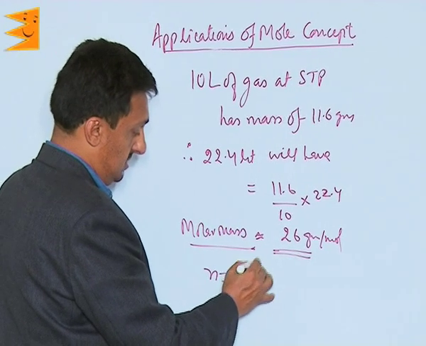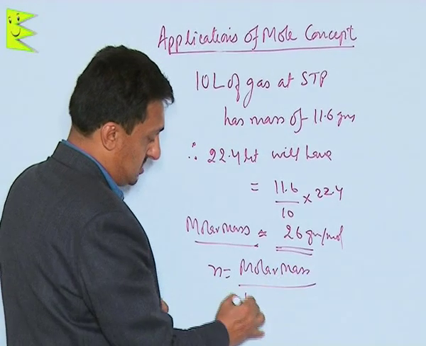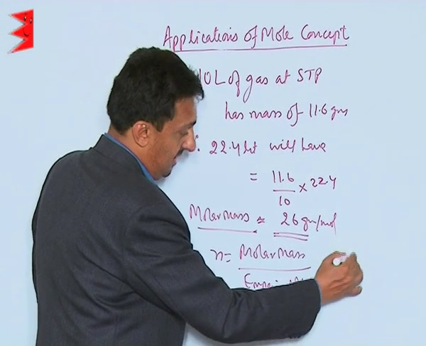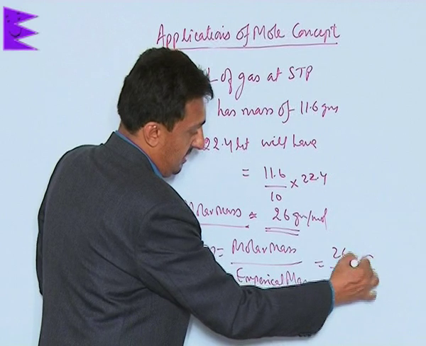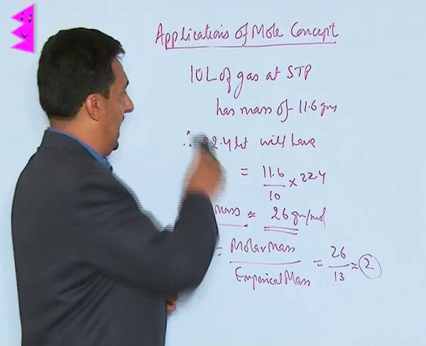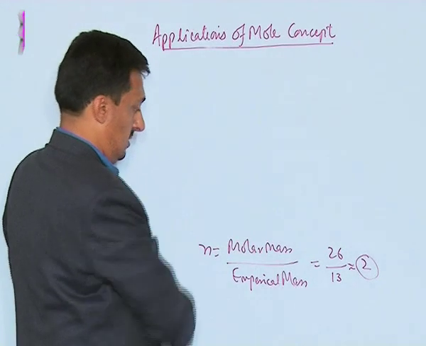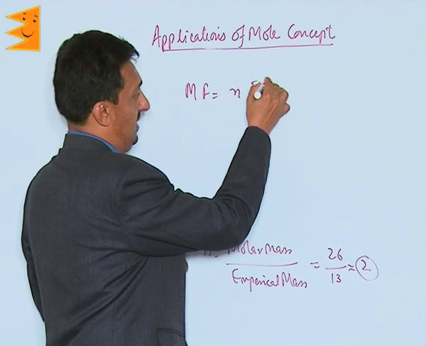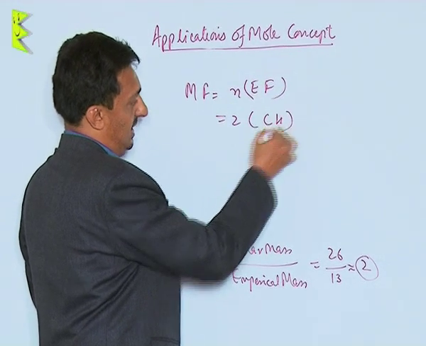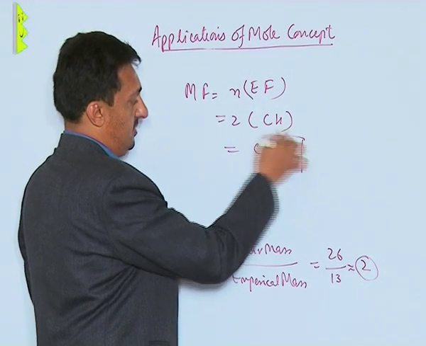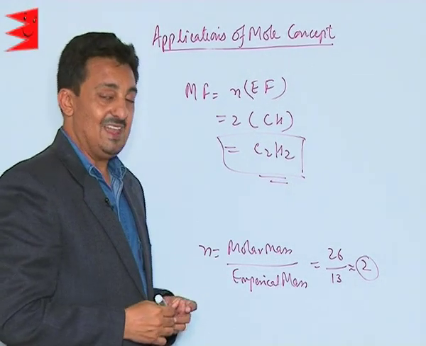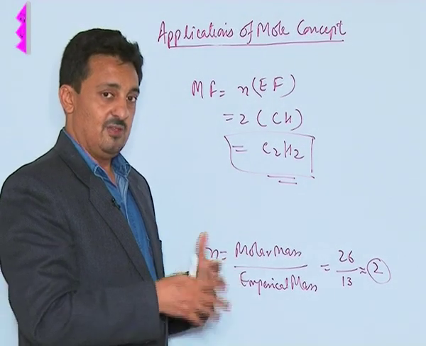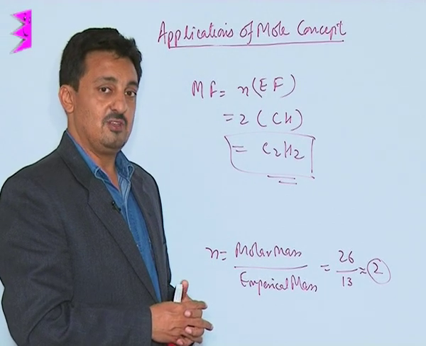So your N is molar mass over empirical mass. 26 by 13, it is 2. So once we know this N is 2, we know molecular formula is N times of empirical formula. It is 2 into CH, it is C2H2. So C2H2 is the gas acetylene or ethyne gas, which was actually there in this numerical, and whose percentage compositions were given like this.